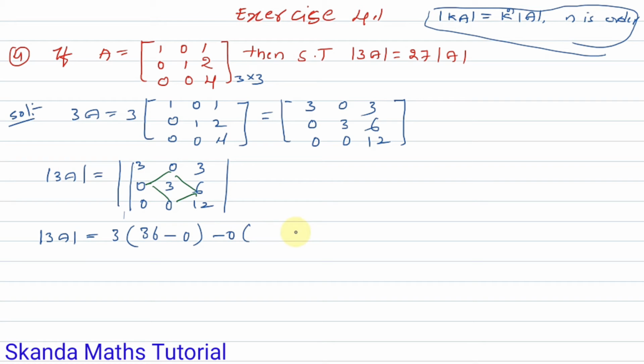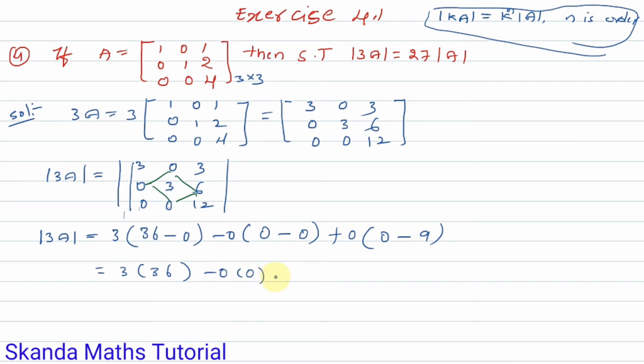So 0 into something is 0, and this row and this column cancel. Only 0 3 0 12 remain: 0 times 12 is 0 minus 0 times 3 is 0. Then plus 0 into the minor, where this row and this column cancel: 0 times 6 is 0 minus 3 times 3 is 9.